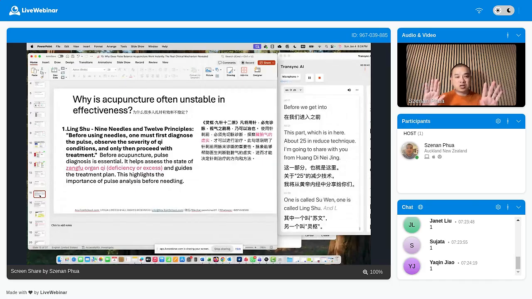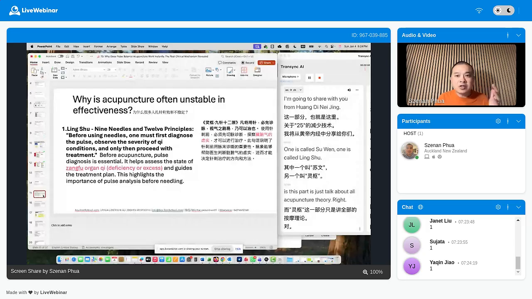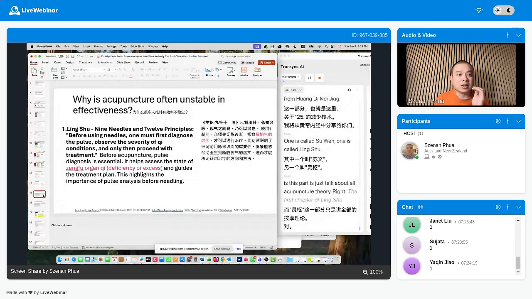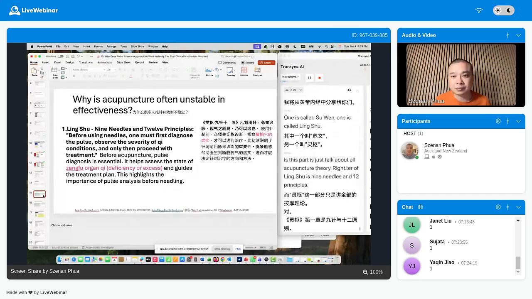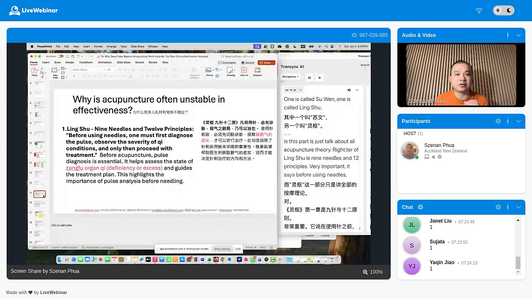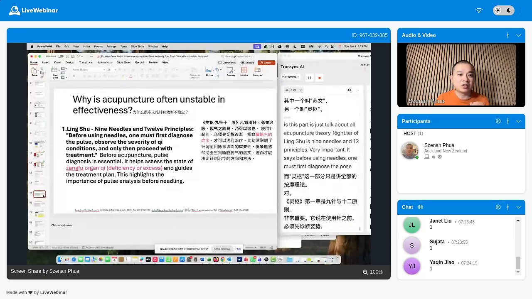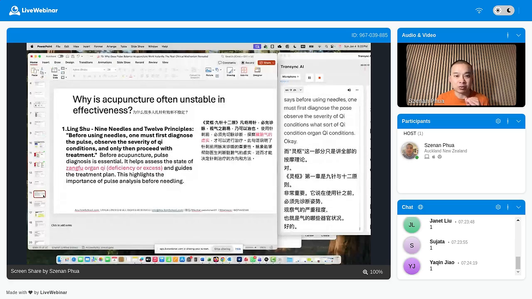And 灵枢 just talks about all acupuncture theory. The first chapter of 灵枢 is 9 needles and 12 principles. Very important. It says before using needles, one must first diagnose the pulse, observe the severity of qi conditions. What sort of qi condition? Organ qi conditions, okay? And only then proceed with treatment.